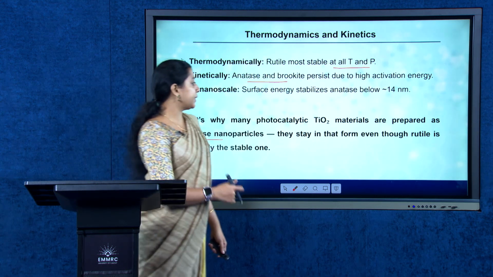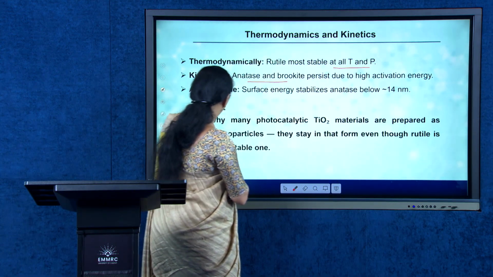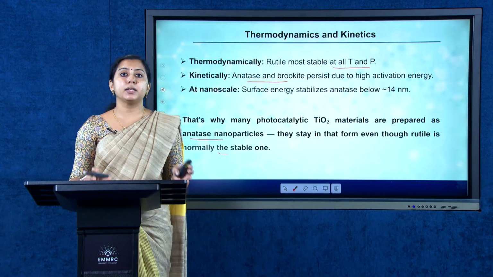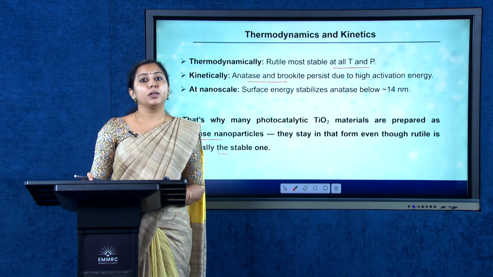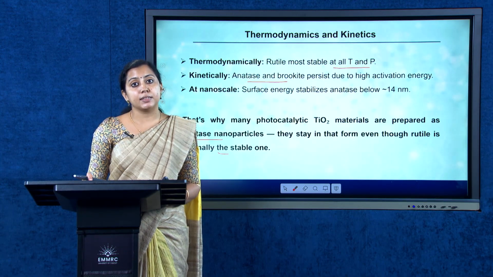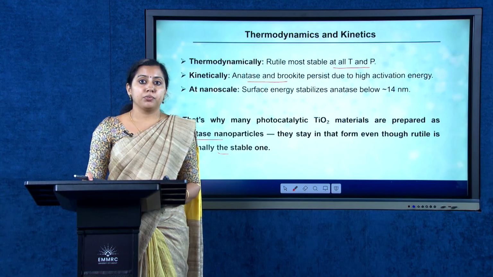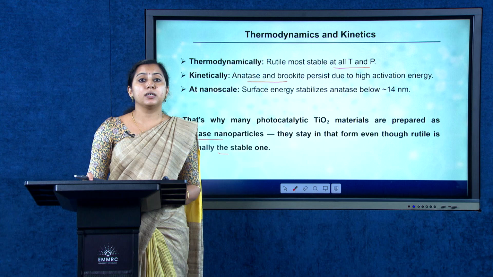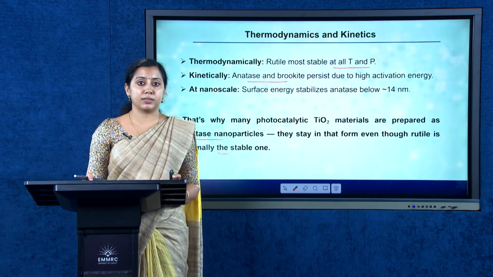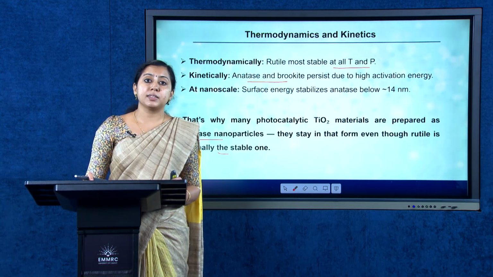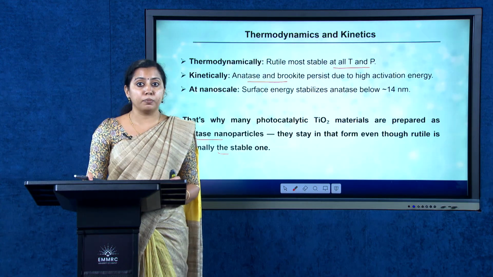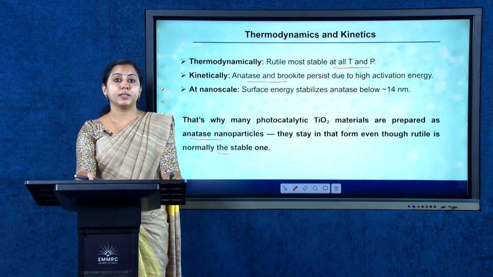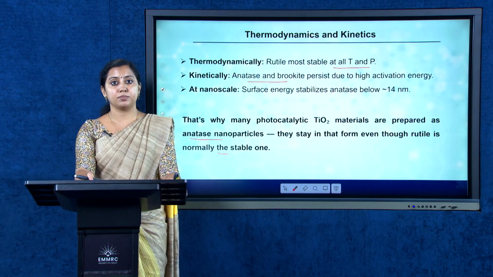So they stay in that form even though rutile is normally the stable one. Thermodynamically the most stable form is the rutile form, but when particle size is decreased, for example below 14 nanometers, the surface energy stabilizes the anatase phase. So when we synthesize photocatalytic TiO2 materials, they are usually synthesized in the anatase phase because they form stable structures.